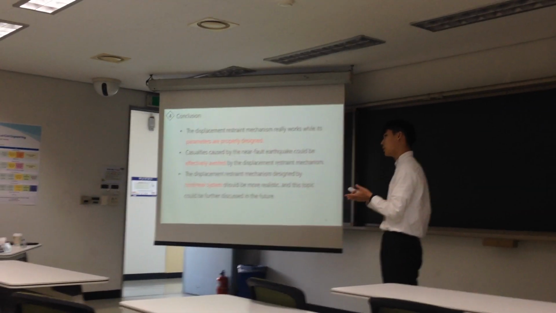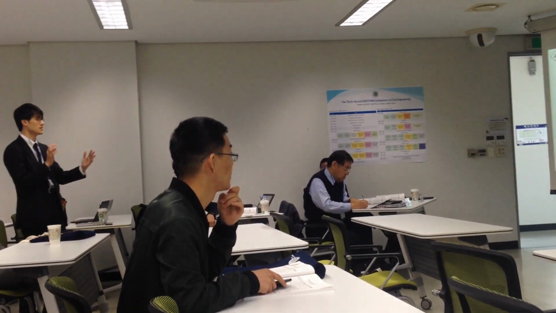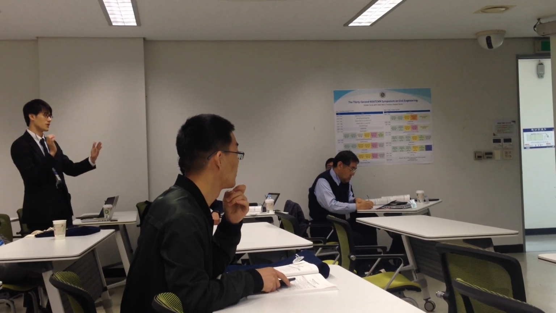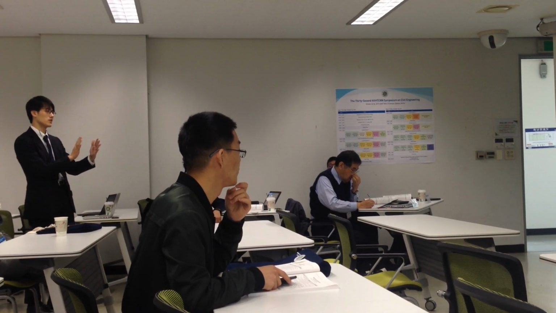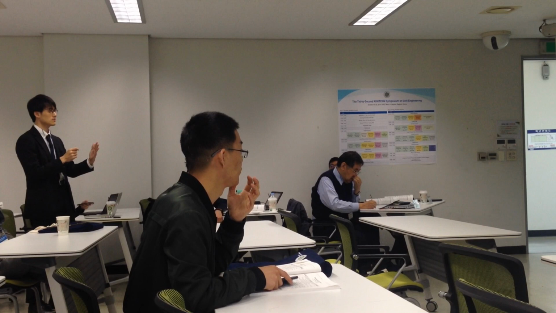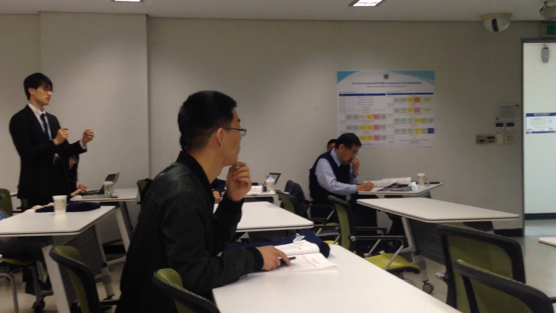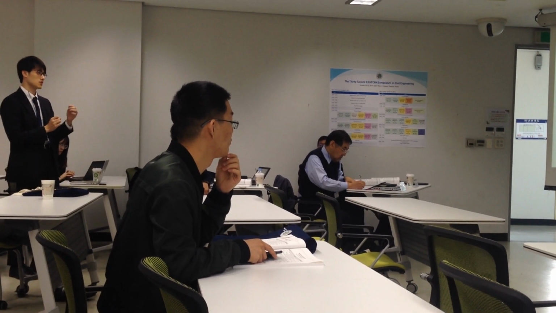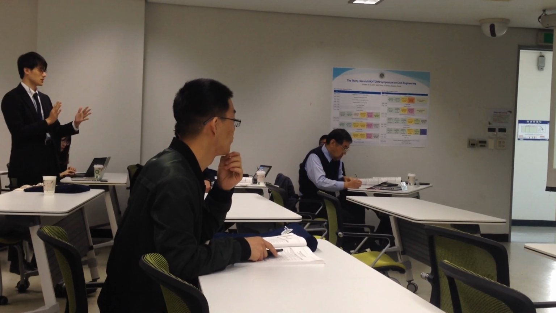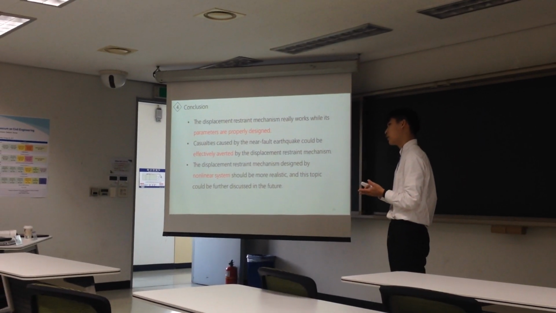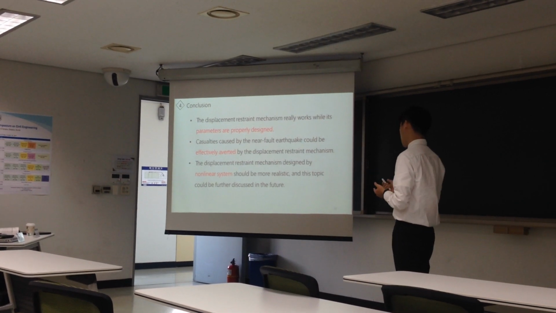I mean, in real situation, before the structure touches the restrainer, there will be an initial velocity. Due to the initial velocity, the impacting force will be very, very large when these two structures collide.